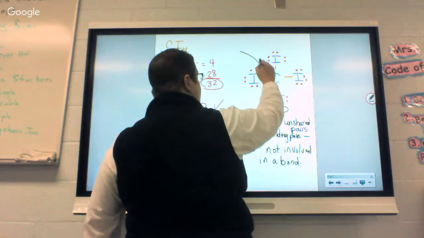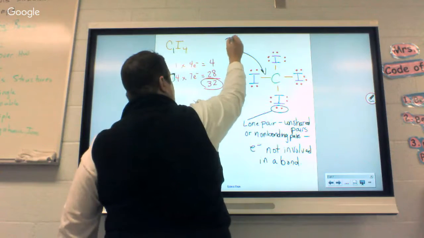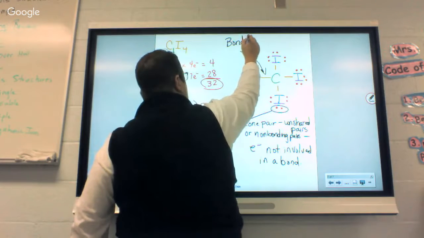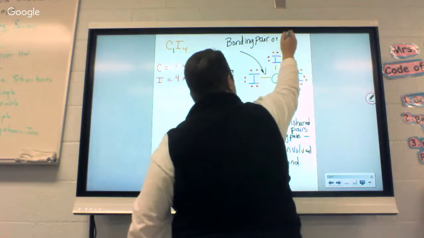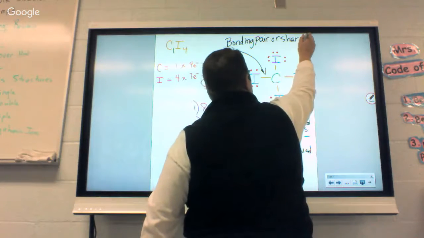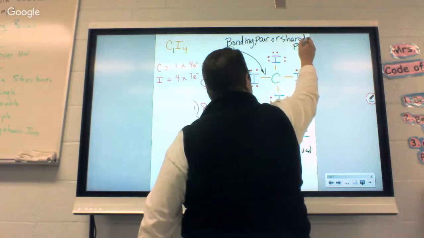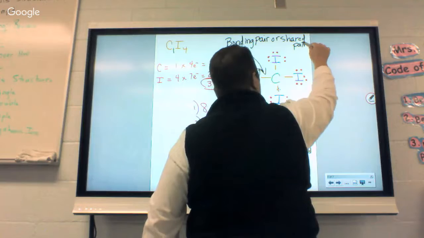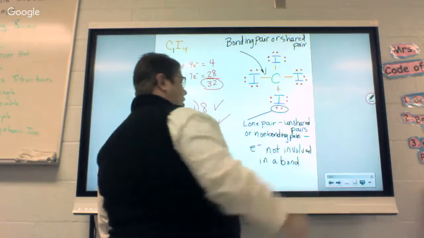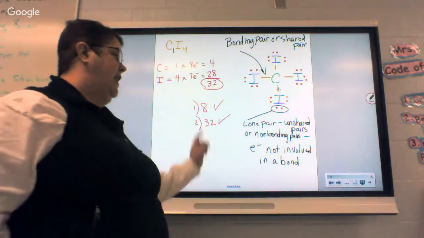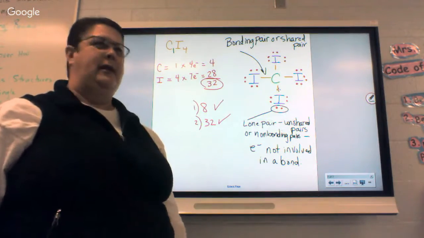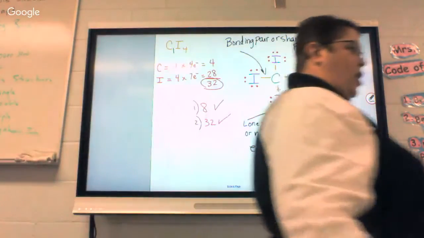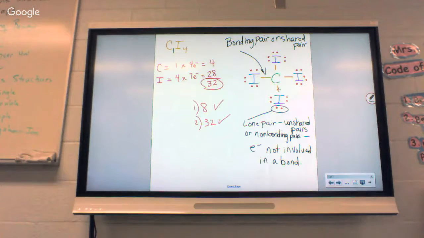Now, this, with the line then, is called a bonding pair or a shared pair. And I'm not even going to write a definition for that, because you guys are smart enough to know that if that unshared pair and non-bonding pair is not involved in a bond, what's the other one? It's involved in the bond. So the electrons are shared.